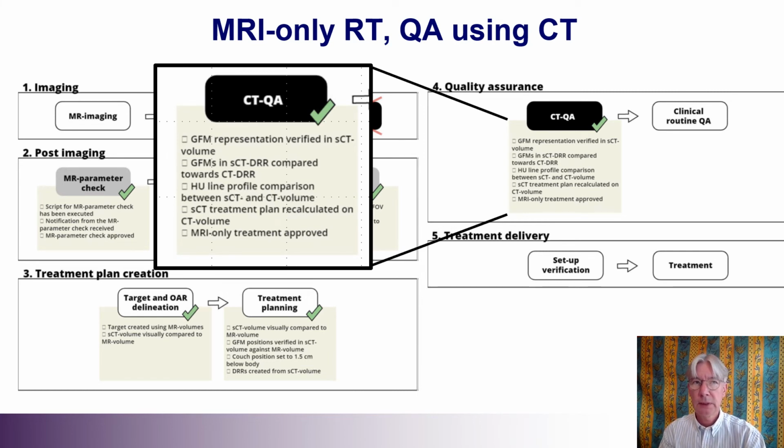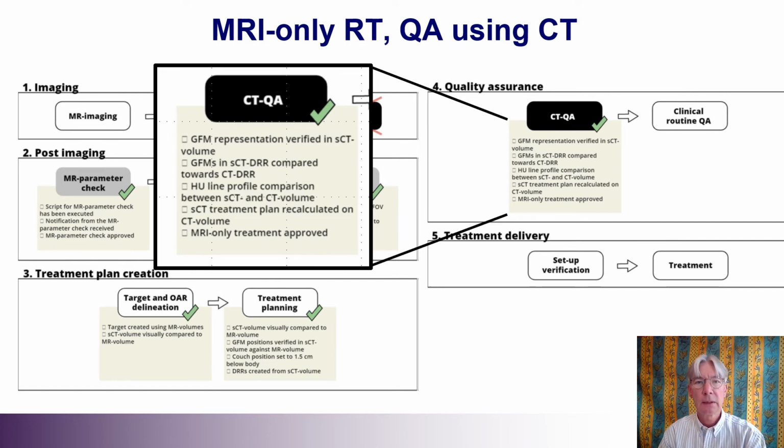So when we did a study on MRI-only implementation, we used a CT in the background. And the way it's used is that before we press the radiation button for the first fraction, we actually check that everything done with the MRI-only can be verified and be as good as if we were using CT.